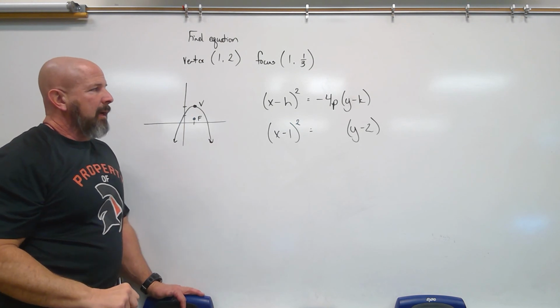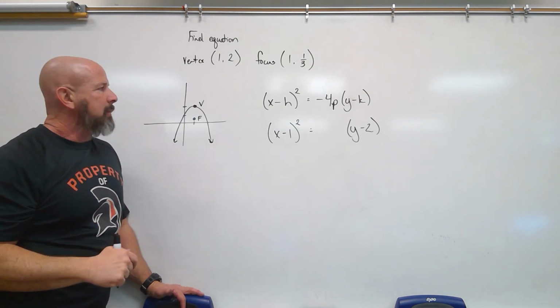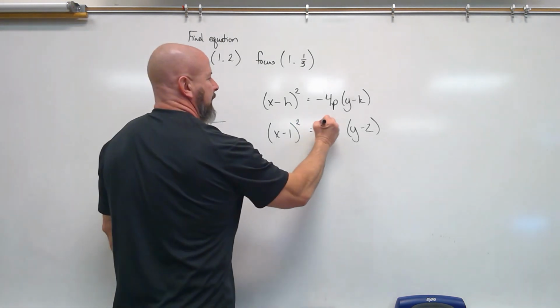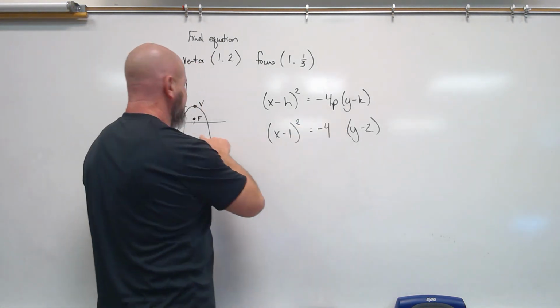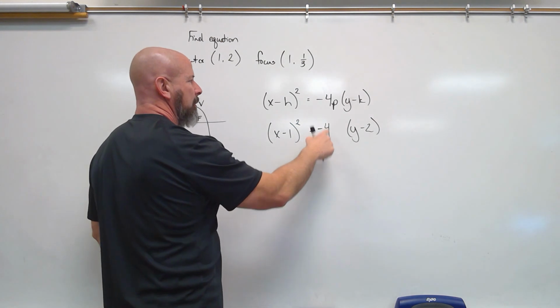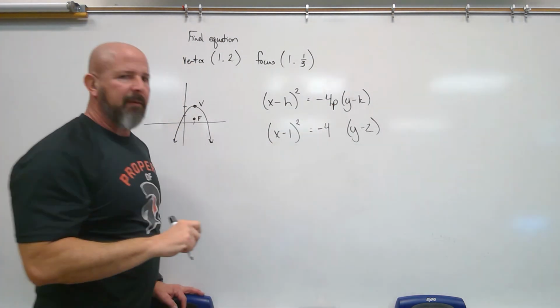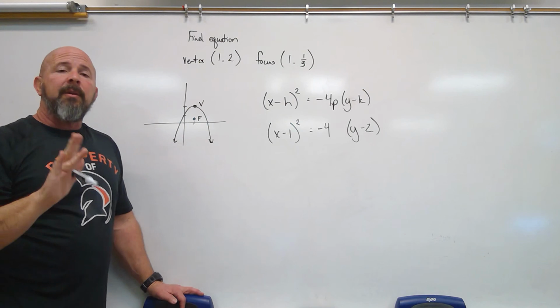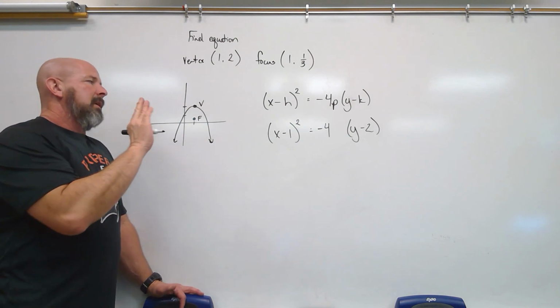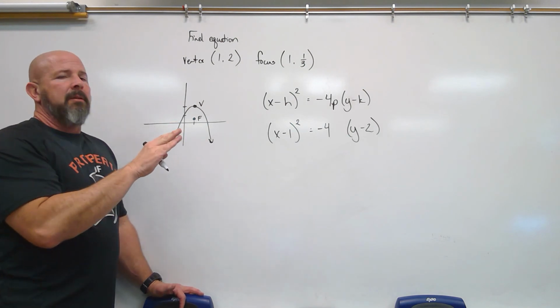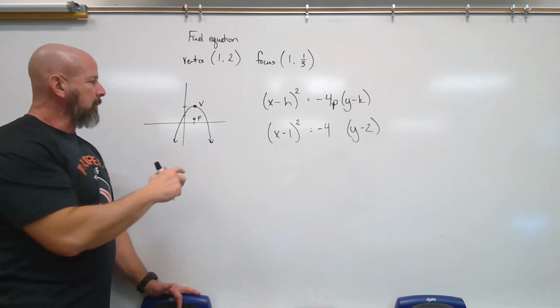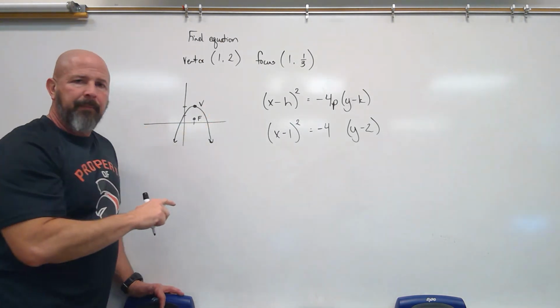Focus. All right, I need that p value. So we go ahead and put my -4 here. Again, I know it's negative because it opens down. 4p is part of my standard form. Let's go get that p value. p was the distance from focus to vertex, or vertex to focus. So this distance right here.